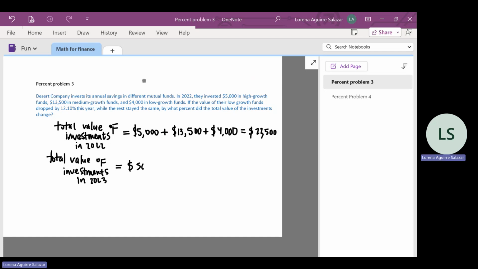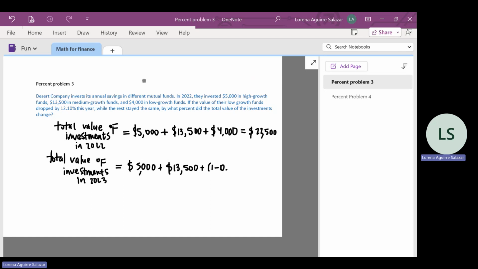So they still invested $5,000 in high growth funds and $13,500 in medium growth funds. But then the value of their low growth funds investment changed, and in particular it dropped by 12.10% this year. Then we're thinking that we take the whole $4,000 and subtract that amount in percentages.